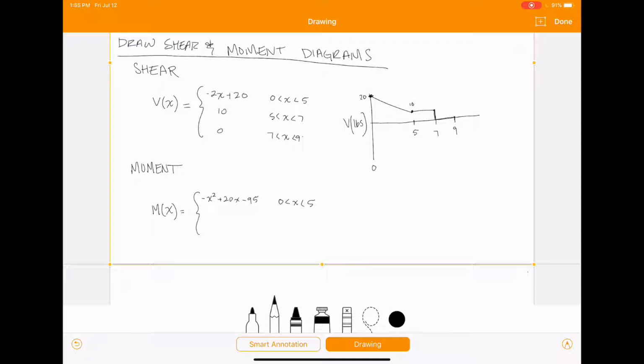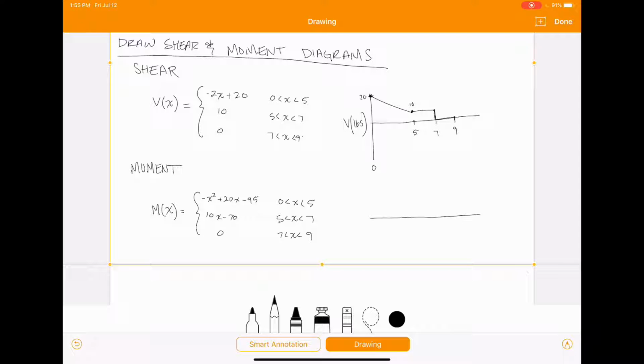And we're going to have 10x minus 70 between 5 and 7, and 0 between 7 and 9.